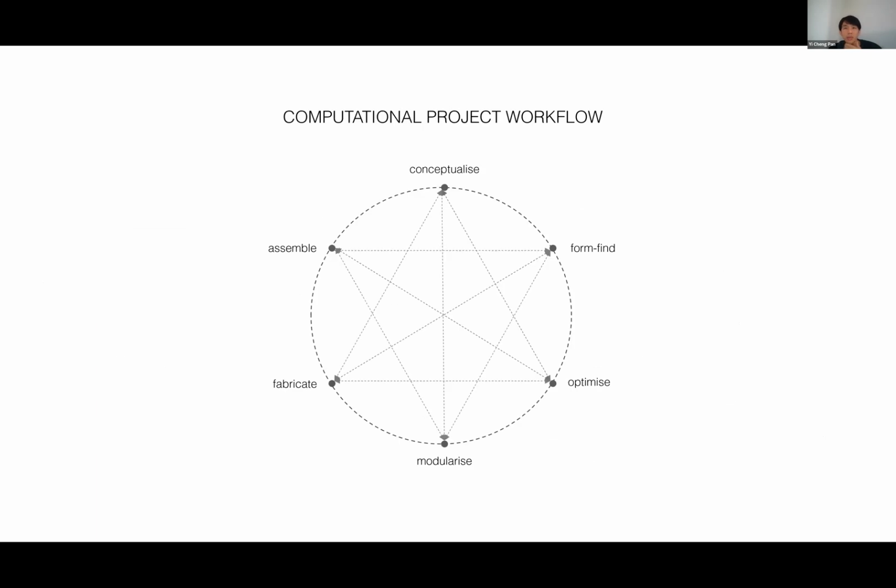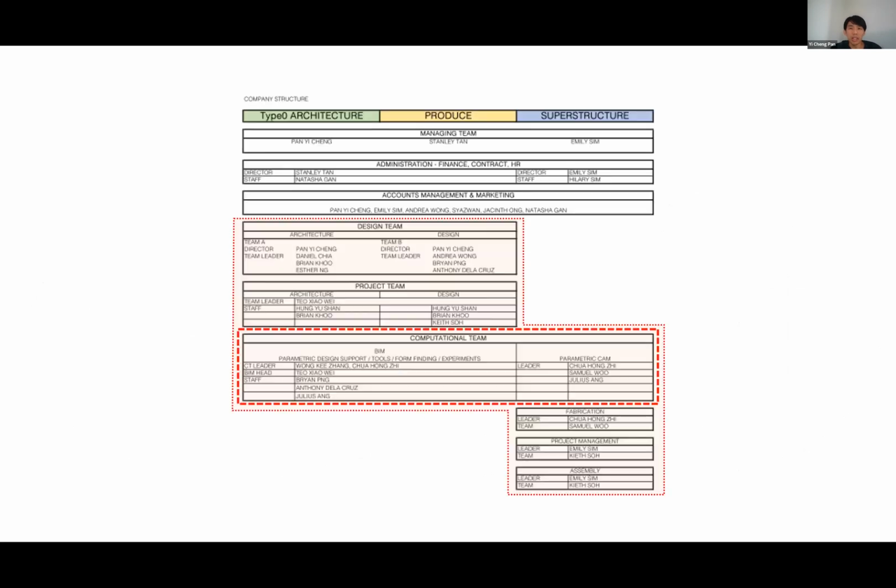The new workflow is actually very fluid and non-linear, and we go between all these different stages all the time throughout the project. As a company, we have a computational team that straddles across all three companies. This team works in all the processes of the project, from design to construction, but it is also a retainer for knowledge gained from all these projects.